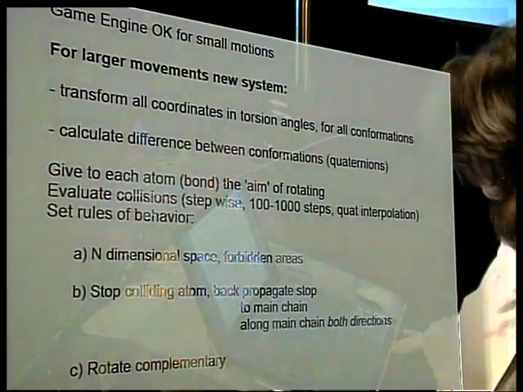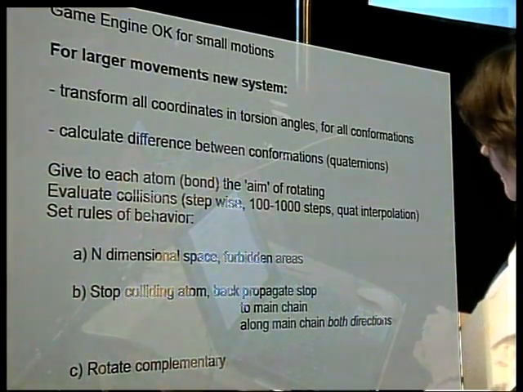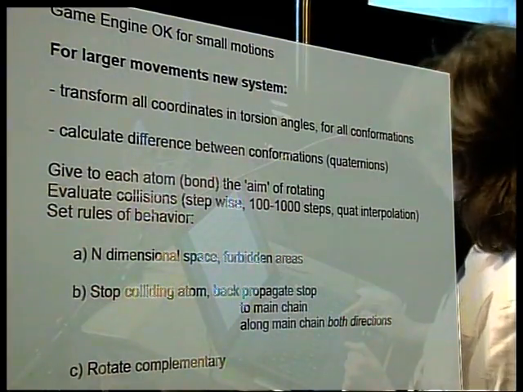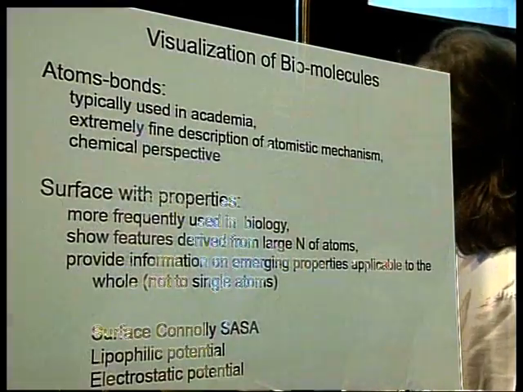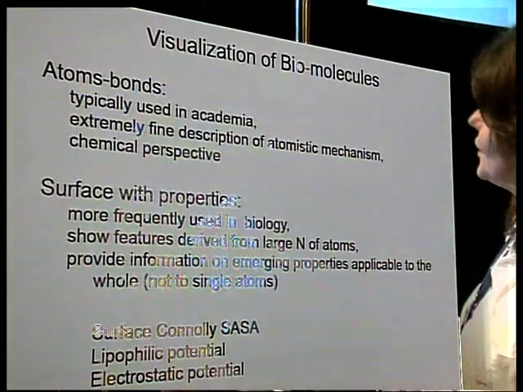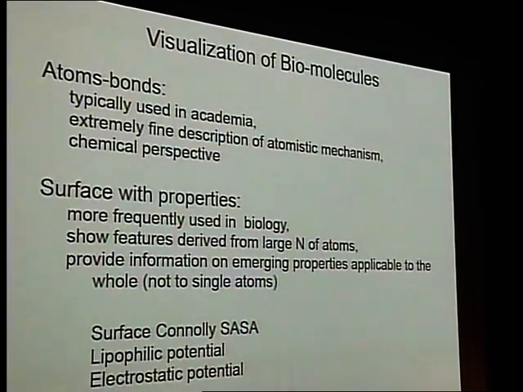The second subject that we work on and that we use Blender for is the visualization. We don't want to see atoms. In the academic field, most of the time proteins and other biological molecules are represented as atoms. Sometimes they have bonds in between, sometimes not.